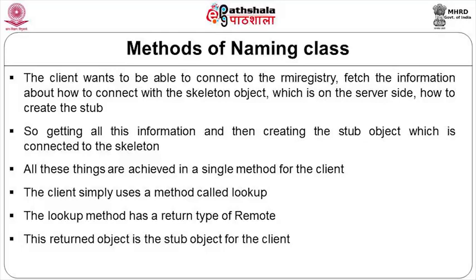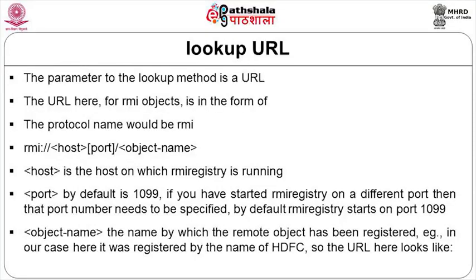The lookup method has a return type of Remote. It's nothing but our remote object which was created. When he says lookup, what the client gets here is a stub object which would be connected with the server. The parameter to lookup is a URL.